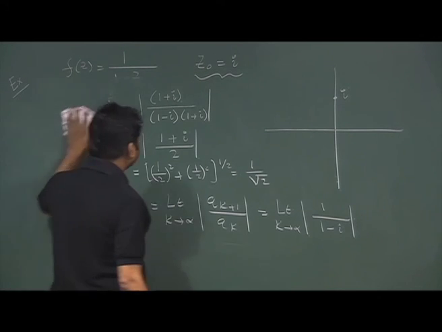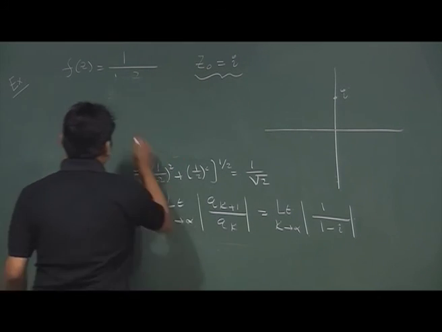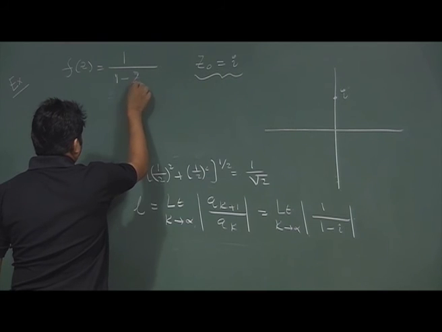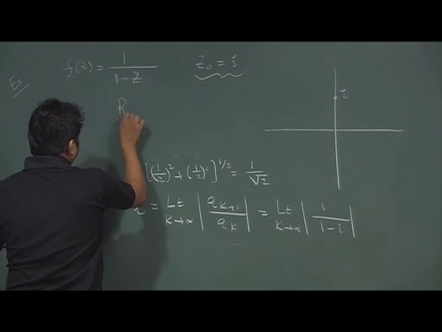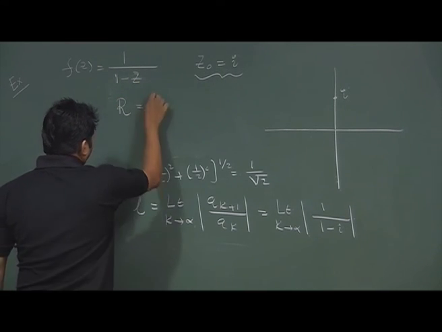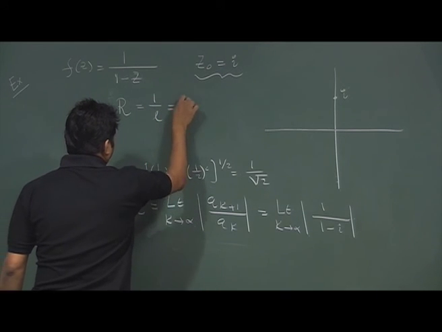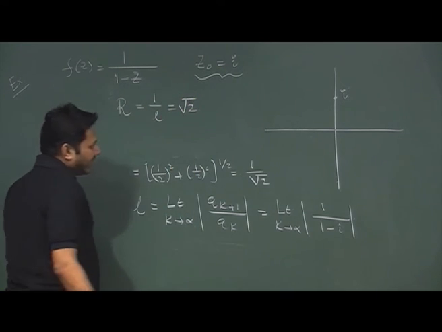So what is my radius of convergence here? R, the radius of convergence, is 1 by L, which is root 2.